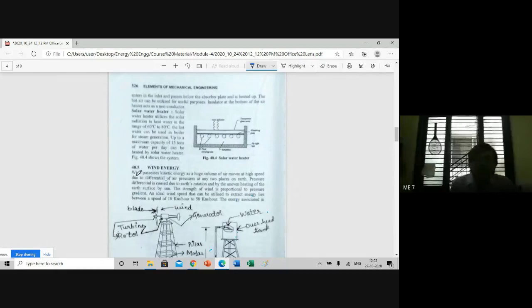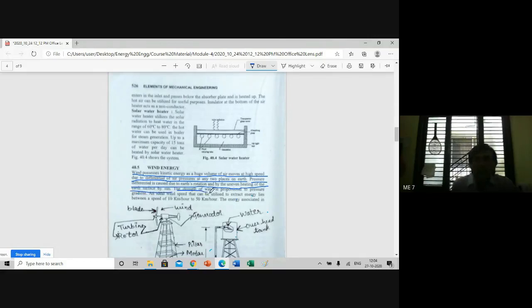Basically, wind possesses kinetic energy as a huge volume of air moves at high speed due to the differential of air pressure at any two places on Earth. Pressure differential is caused by Earth's rotation and by the uneven heating of the Earth's surface by the sun.